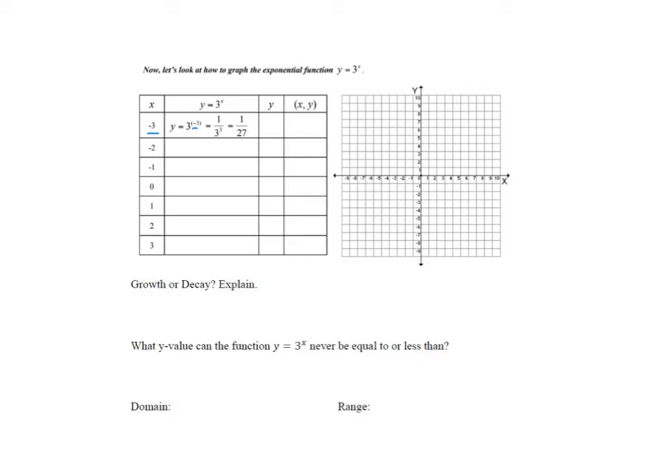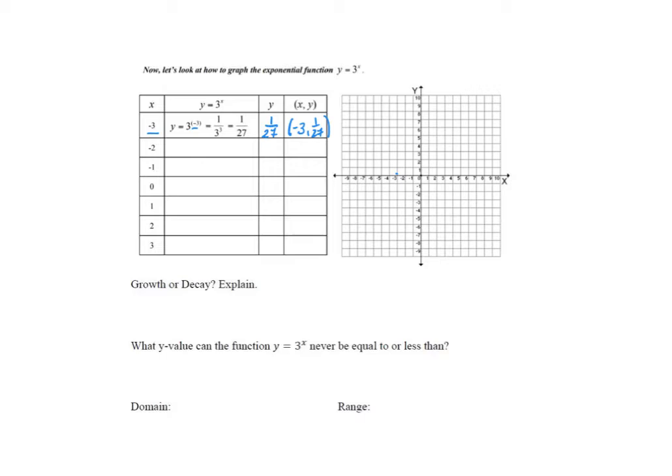So now you're left with 3 cubed, which is 27. So when -3 was my input, my y value was 1 over 27, which is going to leave me with the ordered pair -3, 1 over 27. So that's going to be very, very small. So when I go to the left 3, I'm going to be just about here.